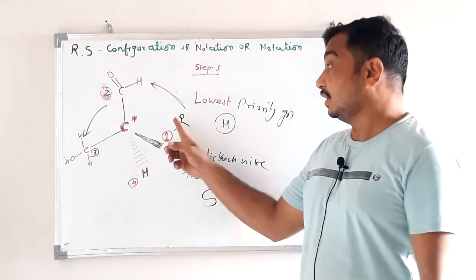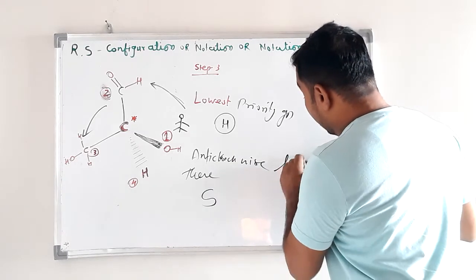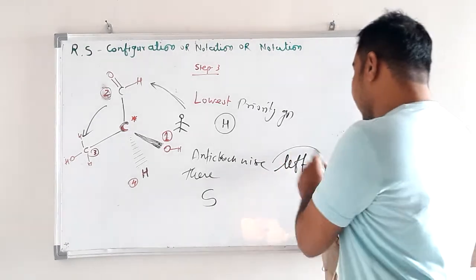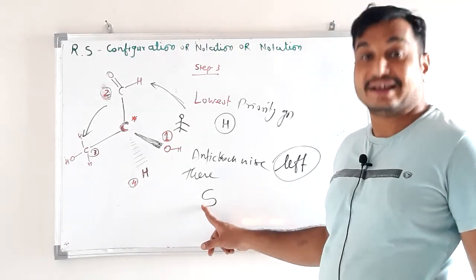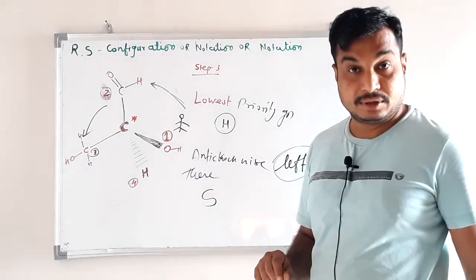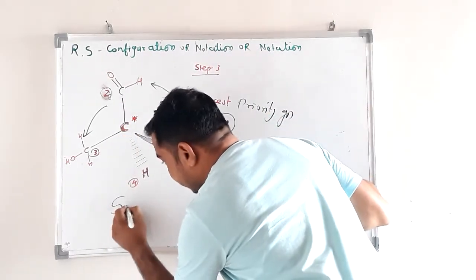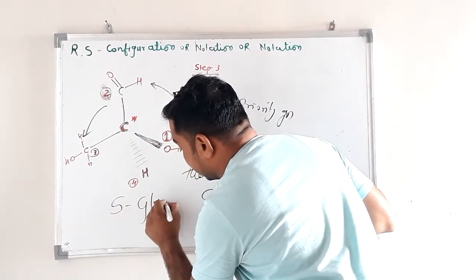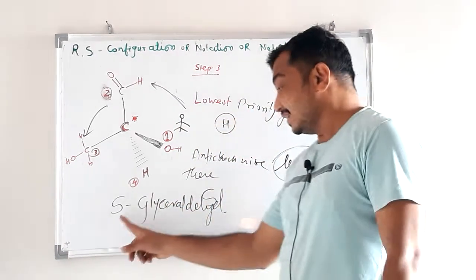If the rotation is anti-clockwise, or left side, then we use configuration capital S for this compound. So before the name of this compound, write S-glyceraldehyde. What does this S indicate?